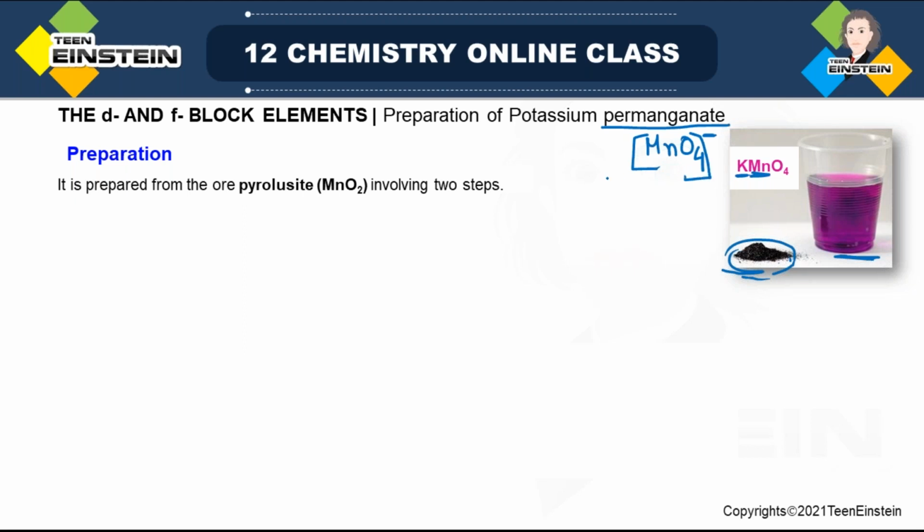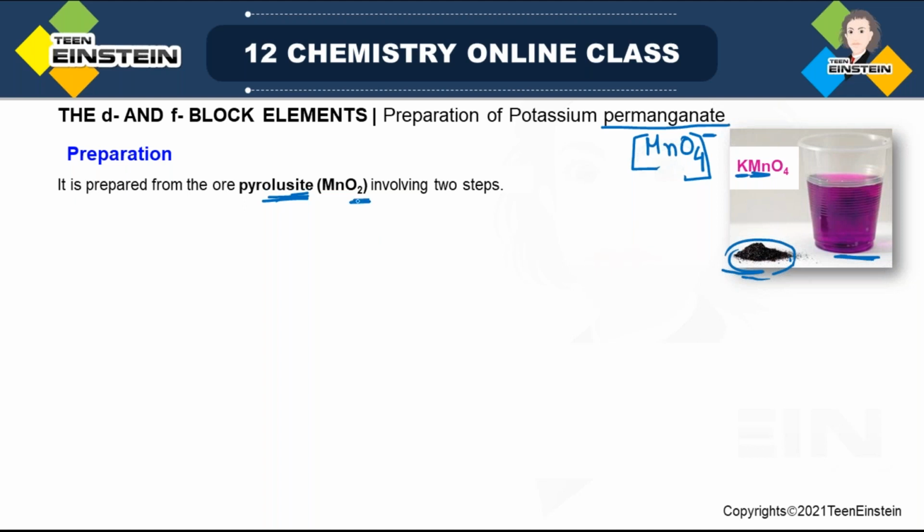How can we make it? For its preparation, we take pyrolusite, which is an ore of manganese. Now, what is an ore? That we have already seen in the chapter of metallurgy. An ore is basically any naturally obtained compound from which you can extract that particular metal.